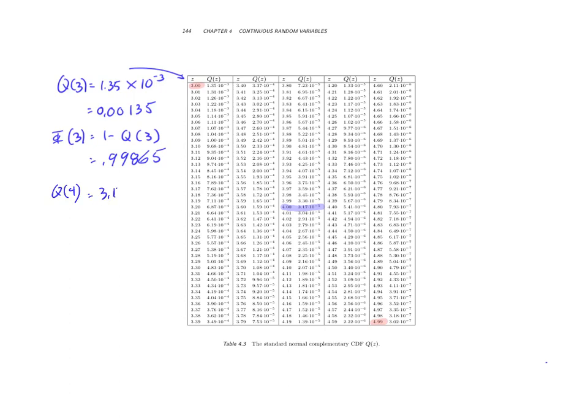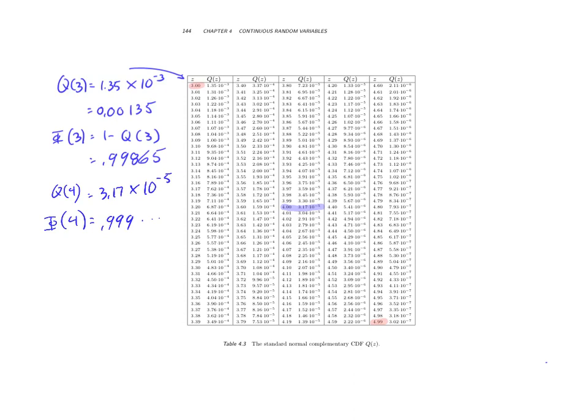Next, when we look at z equals 4, Q of 4 is equal to 3.17 times 10 to the minus 5. And so phi of 4 is equal to 0.999. You can figure out what the other digits are.